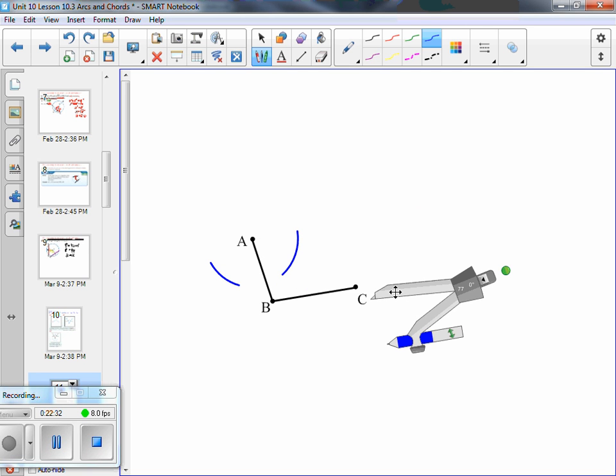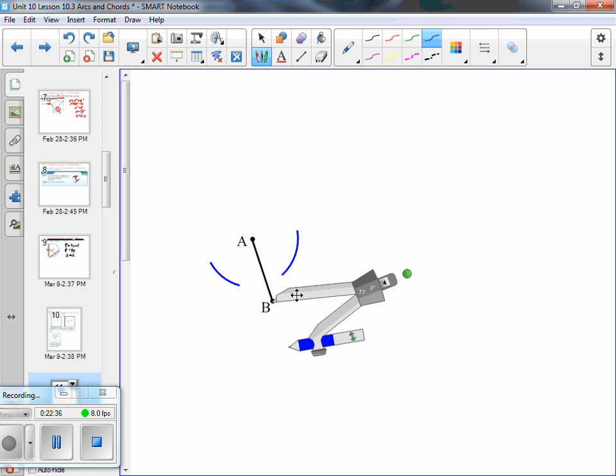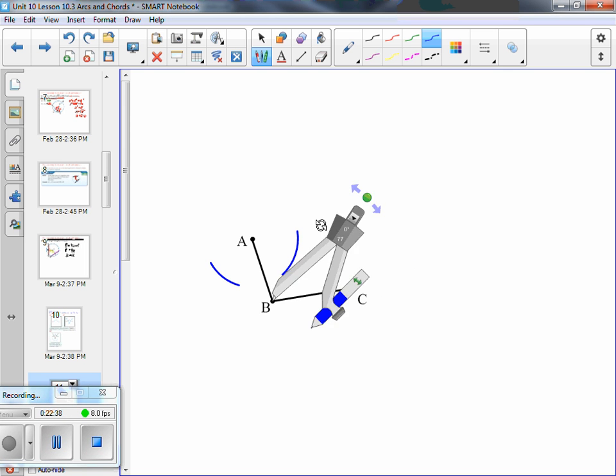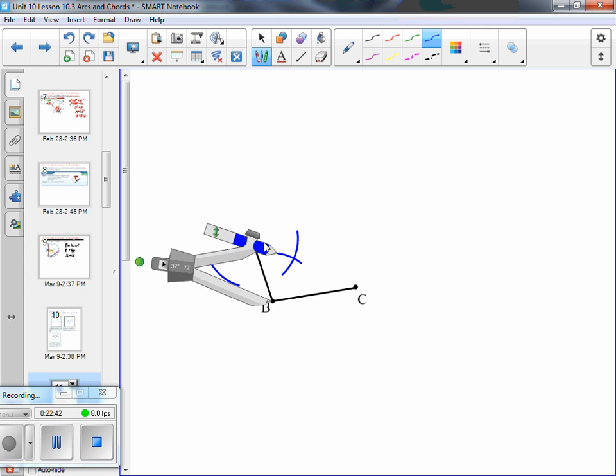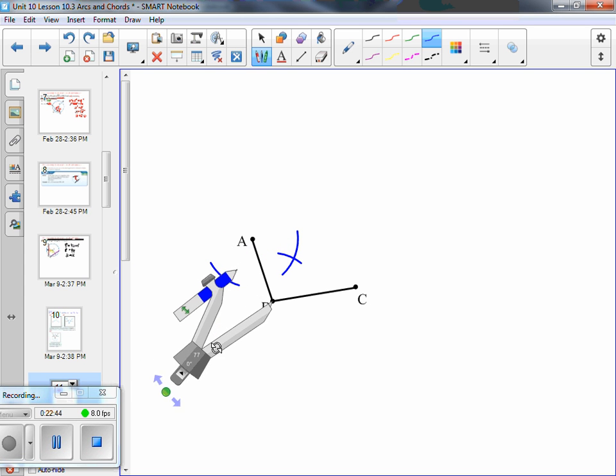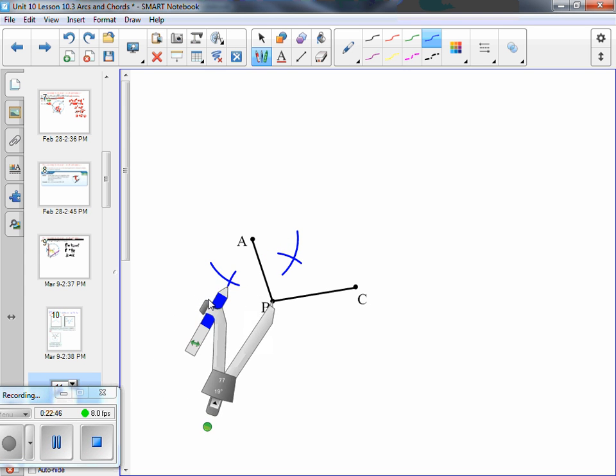Okay? Everybody got that? Leave your compass set the way you had it. And now, make arcs on each side, intersecting the arcs you already have, like so.